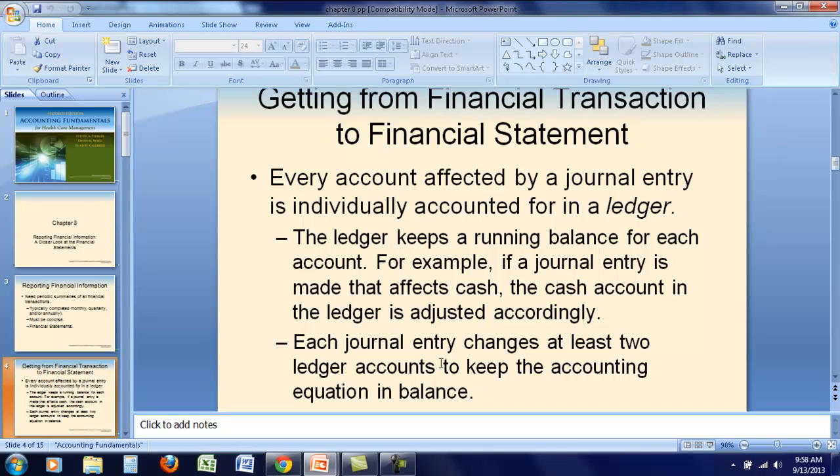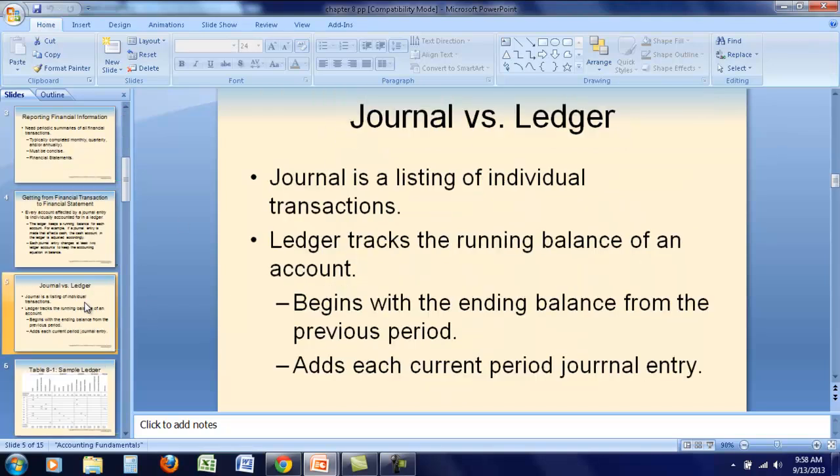If we take a look at the journal versus the ledger, the journal is a listing of one transaction, whereas the ledger is a running balance of the account. It begins with the ending balance from the previous period. So cash, starting January 1st, your cash account just doesn't disappear, right?